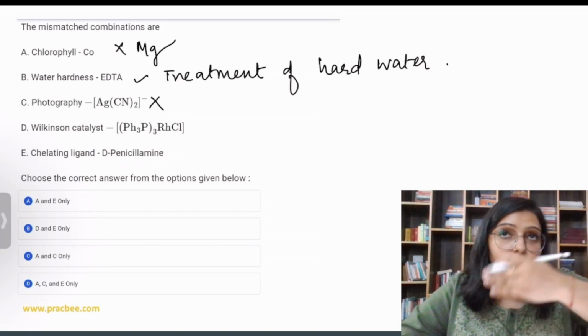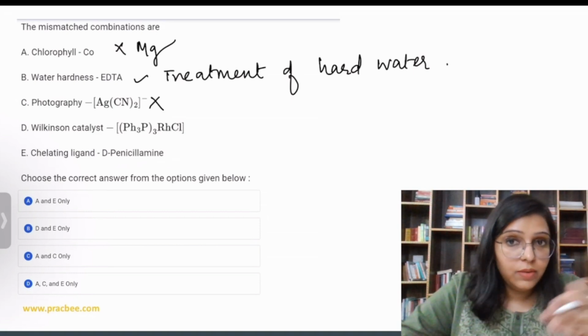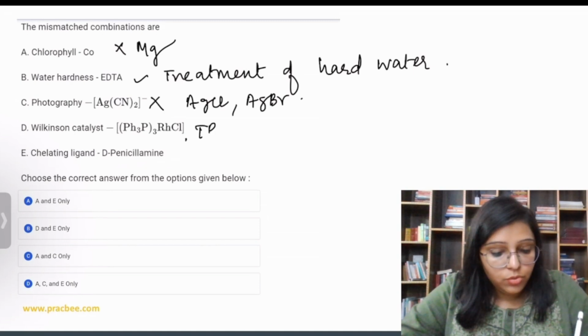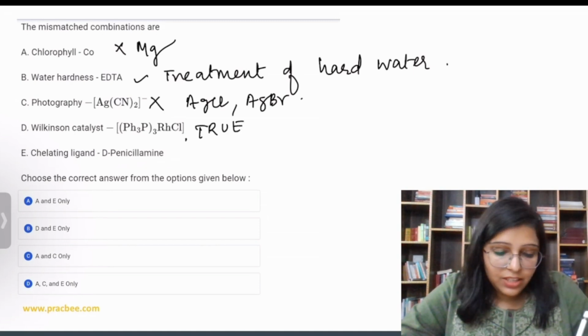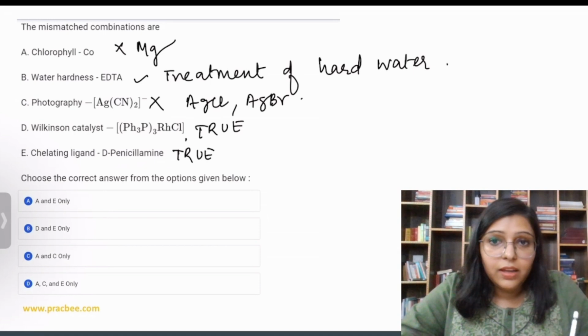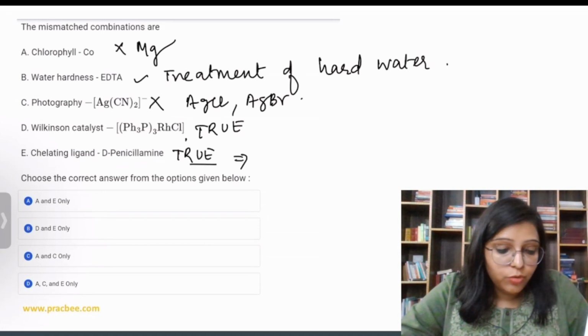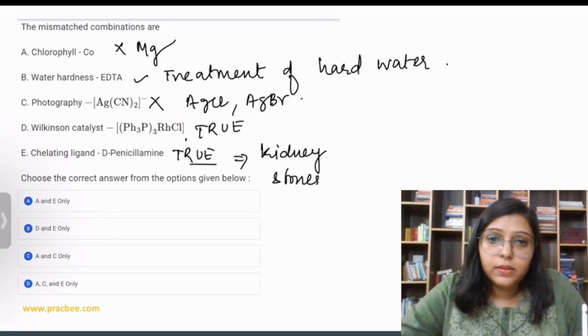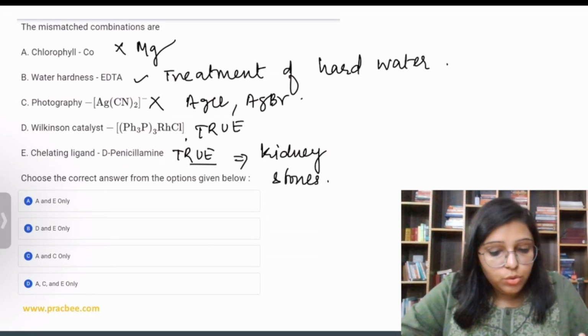That means if I want to separate silver from its ore, then we do this process, but not photography. In photography we can use AgCl and AgBr. Wilkinson, yes, this is true. Chelating ligand EDTA, yeah, this is true. This is also used for kidney stones.